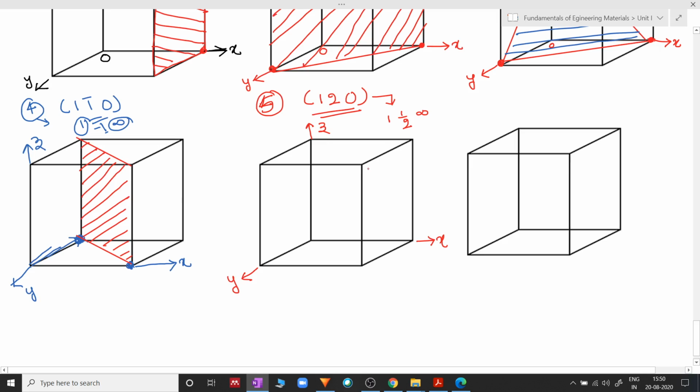Now on x axis, 1 unit we need to move and identify the point, so that is this point. Okay, and 1 by 2 means half unit towards y direction. Okay, this is the origin.